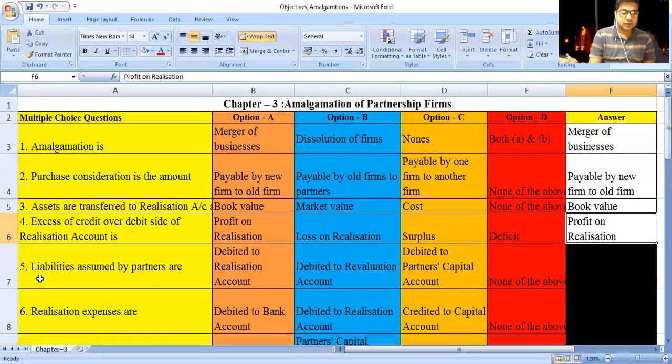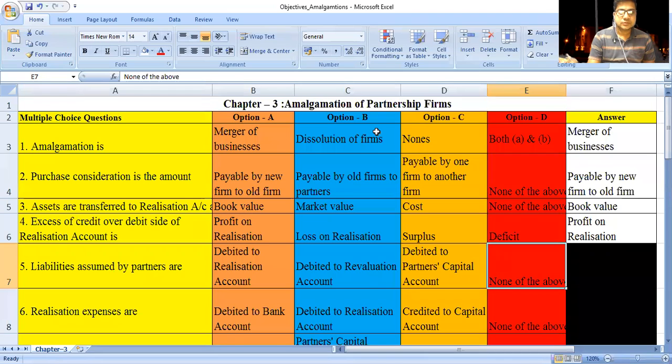Next, liabilities assumed by partner are debited to realization account, debited to revaluation account, debited to the partner's capital account, or none of the above. So what will be the answer?